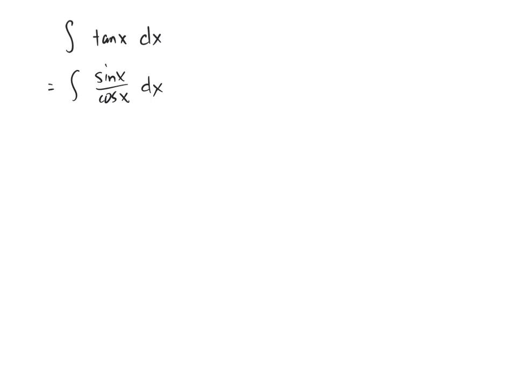And now that it's in this form, I can use a u substitution. So I'm going to let u be the denominator, cosine of x. That means that du is negative sine x dx. And I notice that I have that in the problem except for the negative sign.